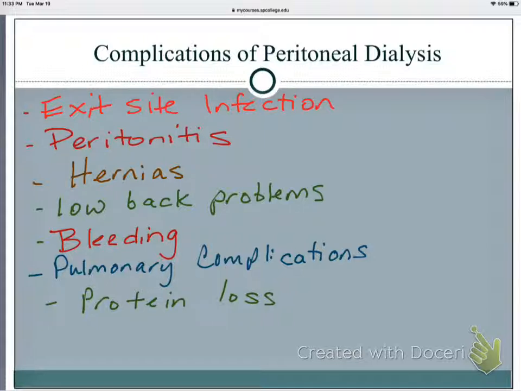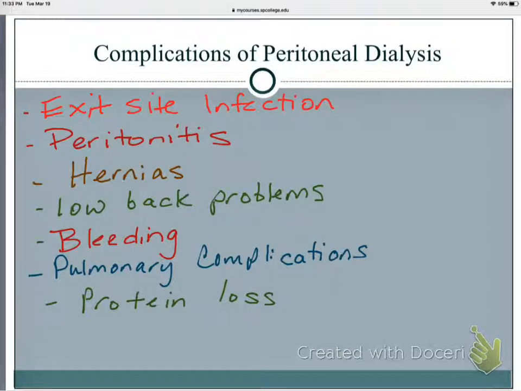And we have pulmonary complications. What do you think those are? Right, think of all that pressure on the lungs, and the lungs don't really have room to open up and exchange the air. So what is that called? Atelectasis. Good.